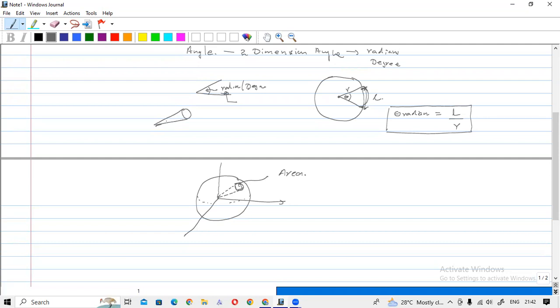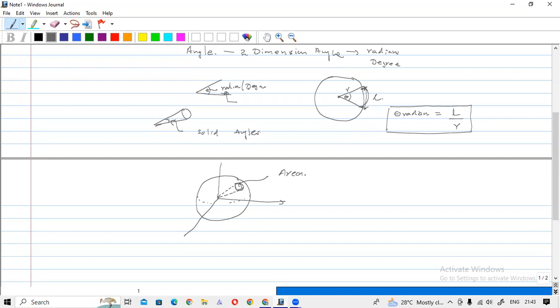Actually, this angle we call the solid angle. You can see that it is a three-dimensional angle, just like a cone. Here it is just two-dimension, but here it is a cone.